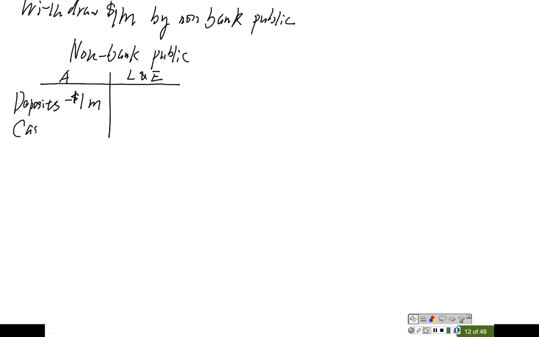So cash will increase by $1 million. So that's what happened to the balance sheet of the non-bank public. We can see the balance sheet still keeps the balance because the positive $1 million will be offset by the negative $1 million.